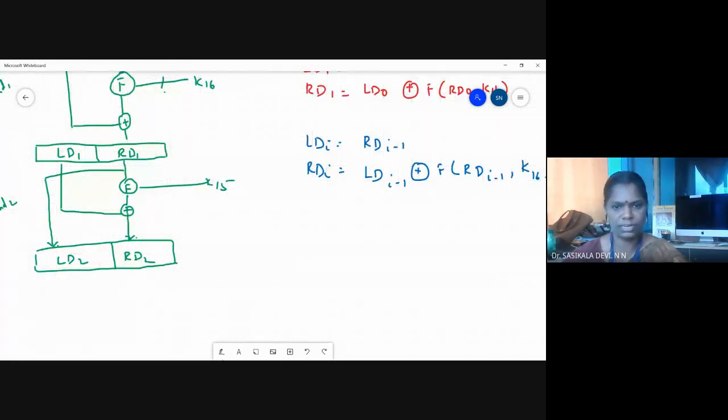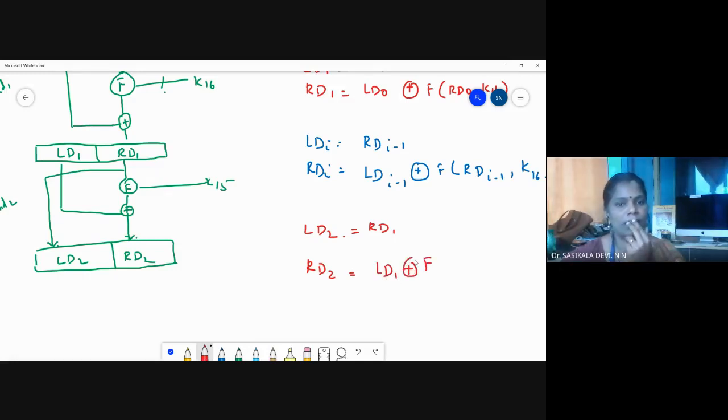First, I'll write down the actual equation, the actual value, then we'll substitute it. LD2, what is the answer? LD2 is equal to RD1. RD2 is equal to LD1 XOR with F of RD1, comma K15. Now let's apply this equation.